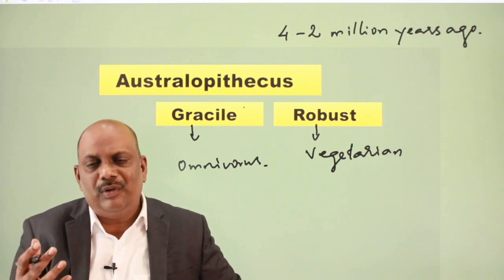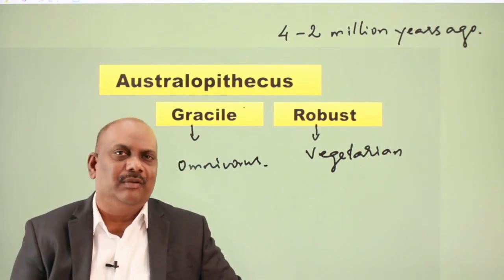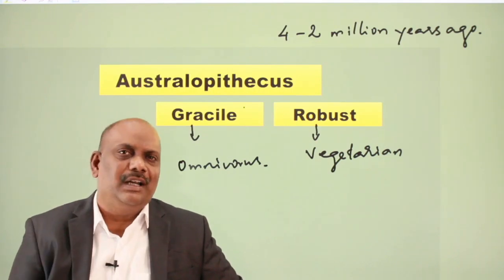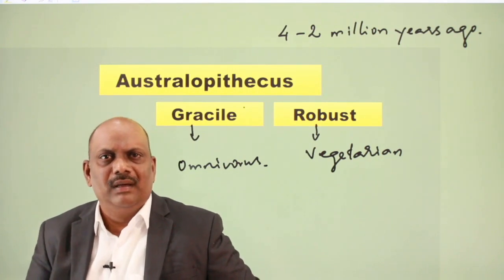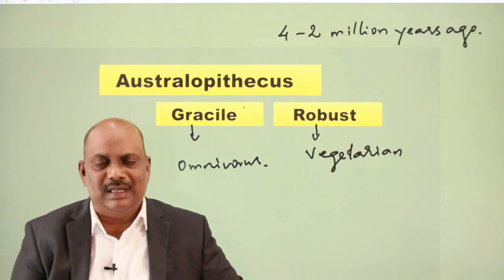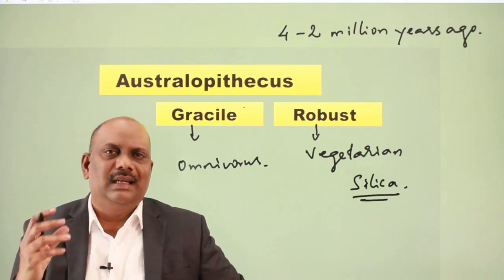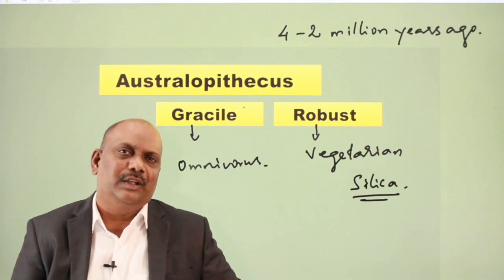So how do we know that the robust were strictly vegetarian and gracile were omnivorous? By studying the molars, we get some idea about their food habit. Most of the vegetation like fruits, tubers contains silica. And silica is capable of creating large-scale attrition in the teeth.